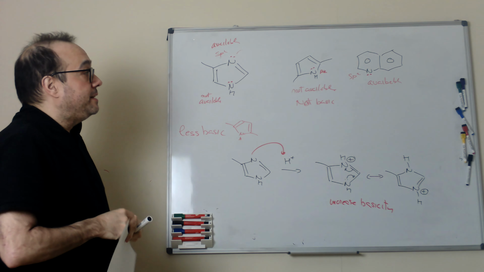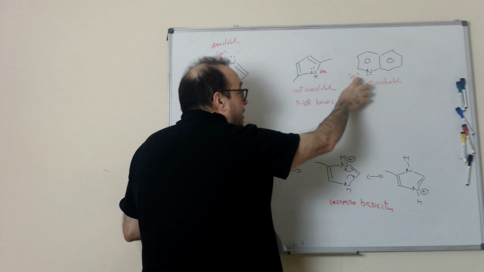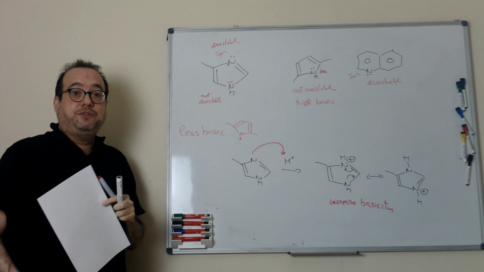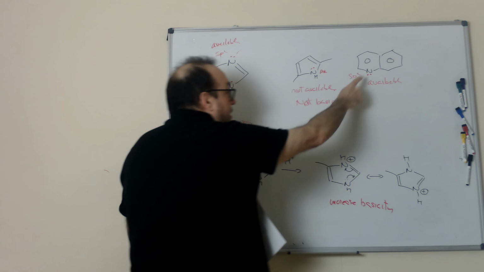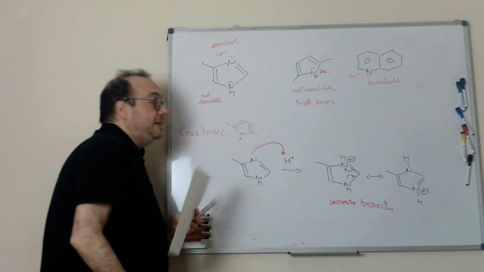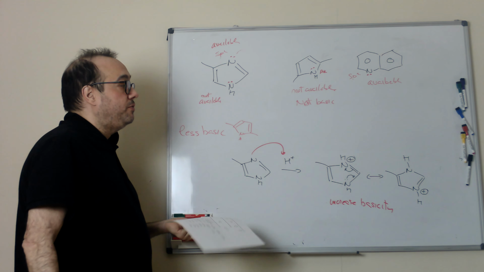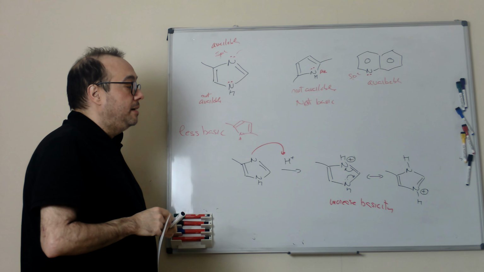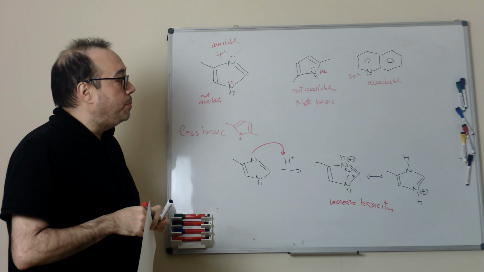If we protonate the quinoline, we cannot stabilize this positive charge. The positive charge will be on the quaternary nitrogen, and that's all. There are no resonance forms that stabilize the compound.